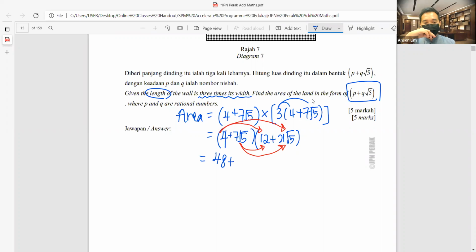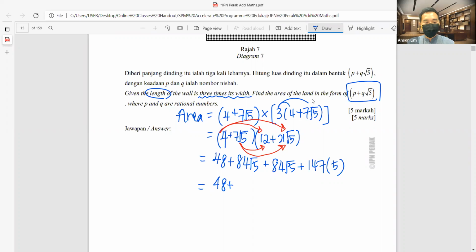Okay, this will be 48. This will be 84 surd 5, and this will be 84 surd 5 also, right? Double check, correct or not? And this one, 7 times 21, you get 147. And surd 5 times surd 5 will become 5. Do you know that? I know that some of you forgot. Okay, now the question is 84 plus 84.